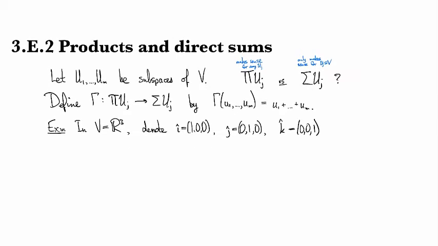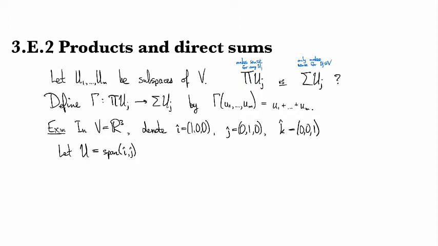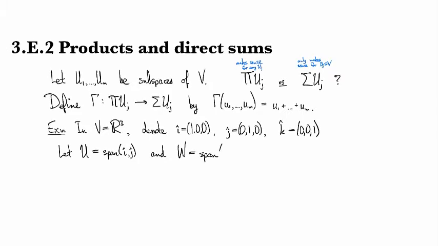And suppose we let U be the span of i hat and j hat. Okay, so it's the XY plane. And W is going to be the span of i hat and k hat. So it's the XZ plane.